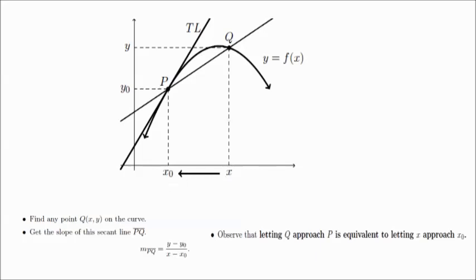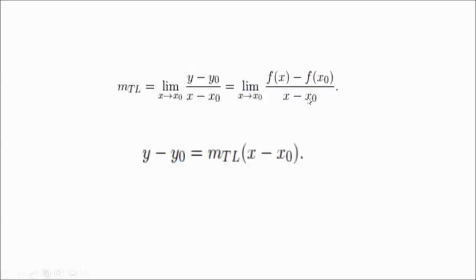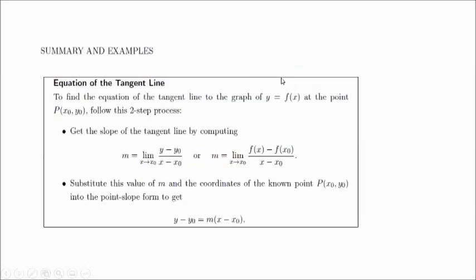This means, to get the slope, class, we can use this formula: the limit of the slope formula as x approaches x sub 0. Now, y can be replaced with f of x, and y sub 0 with f of x sub 0, because that is the function.